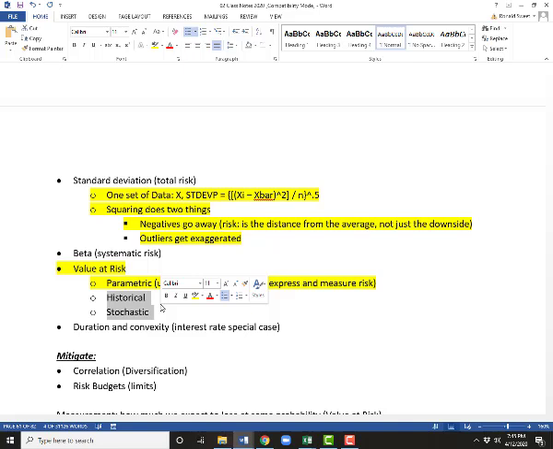Historical, you're also using scenarios, except your scenarios are actual historical data that you're pulling up from the past. So we won't use historical and stochastic. I do cover those in my risk management class, and we do some exercises there. Not too much because we don't have a true stochastic model I can use at UTSA, but we do look at historical, and we do at least do some exercises with stochastic without actually running the numbers themselves.